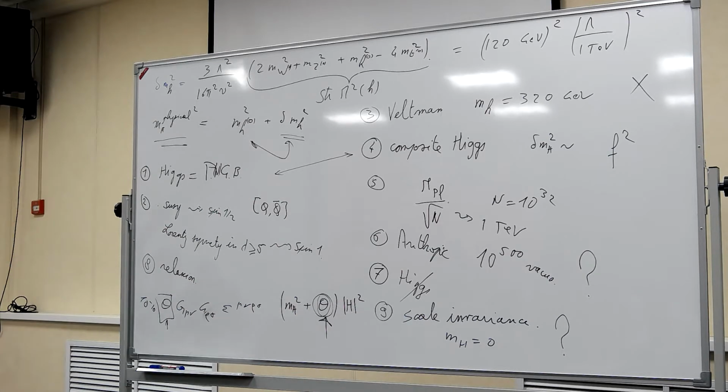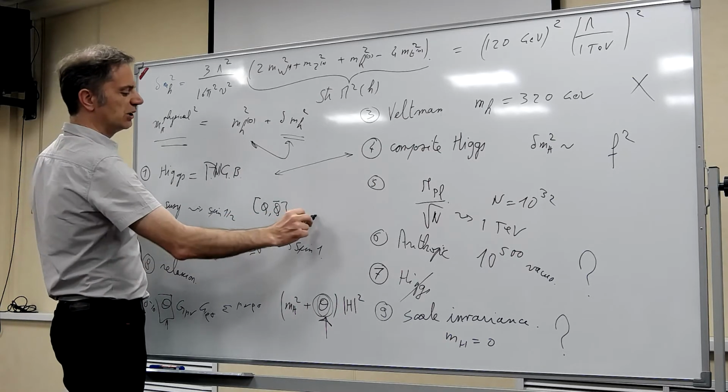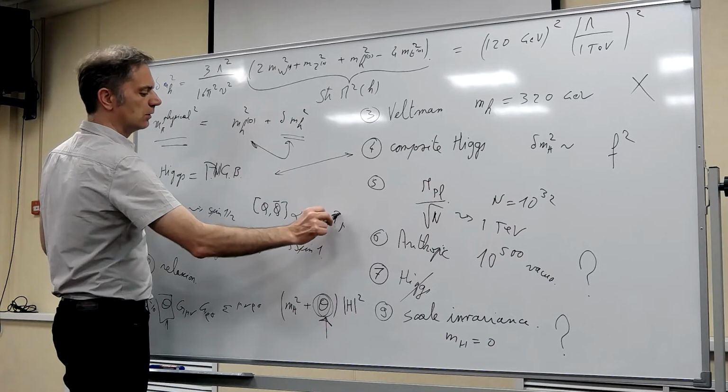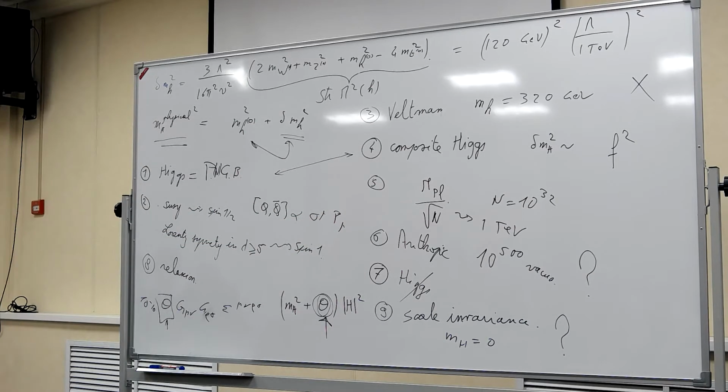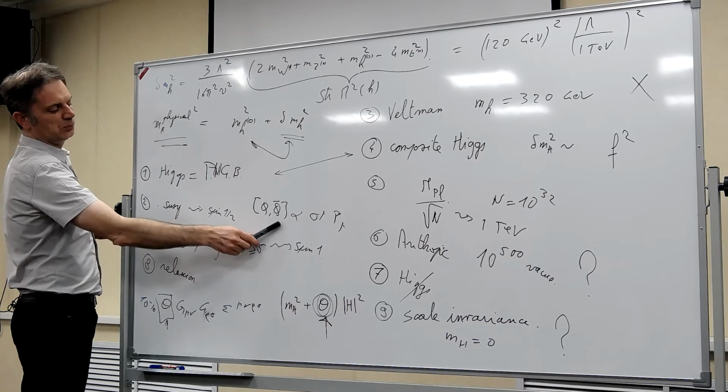So let us come back now to the composite Higgs model. The simplest composite Higgs model is based on a large global symmetry that I've already mentioned this morning, which is simply extending this SO(4) over SO(3) symmetry that exists in the standard model.